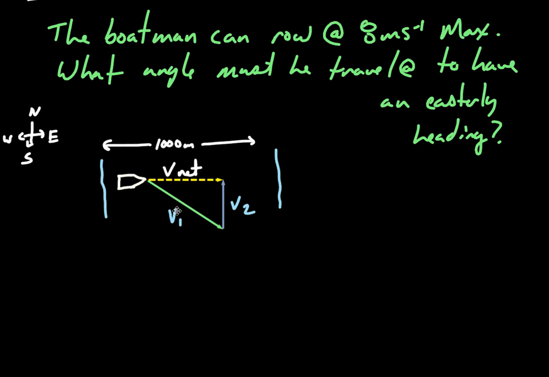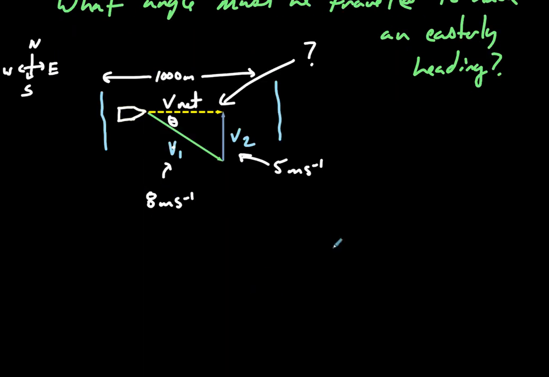Well, the reason this is different is because now we know that this is 8 meters per second, and we know that this is 5 meters per second. What we don't know, though, is what is that and what is this angle? Okay, so it's still a vector problem, but you can't solve it necessarily in the exact same way that you were solving before. So how are we going to end up dealing with this?